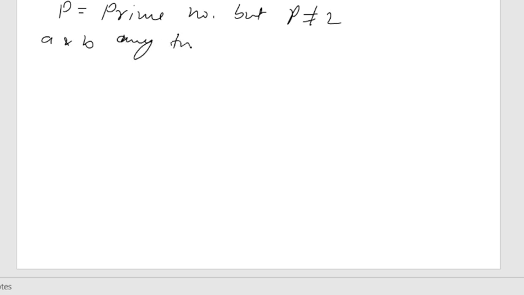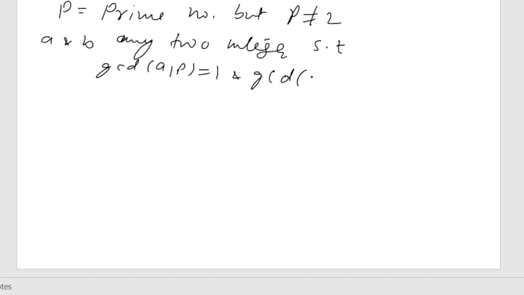If P is an odd prime, that means P is a prime number but P is not equal to 2, and A and B are any two integers such that the GCD of A and P is equal to 1 and GCD of B and P is equal to 1, that means both the numbers are co-prime with P, then the following properties are true.